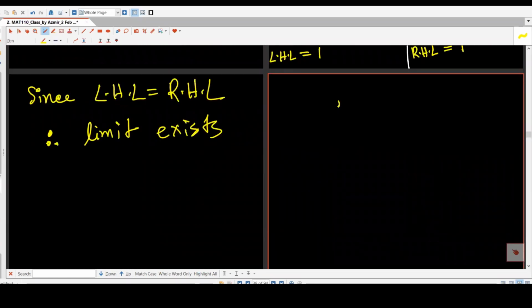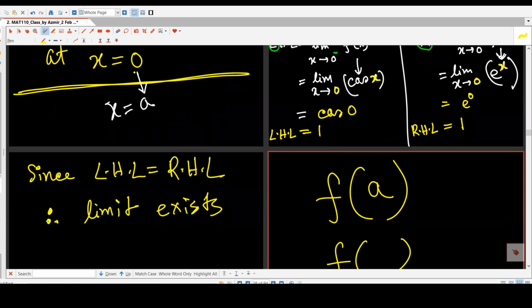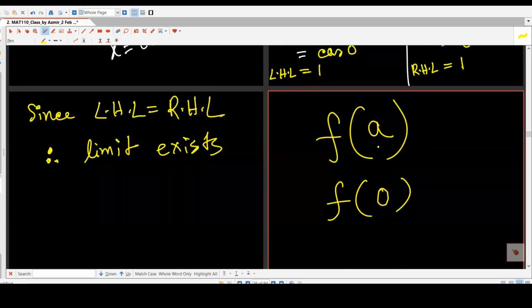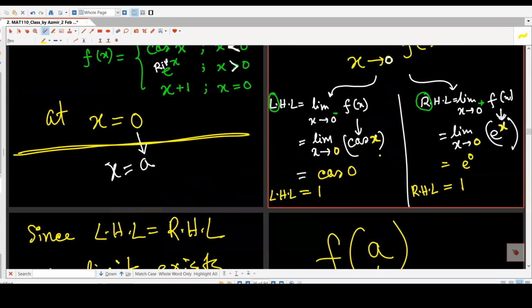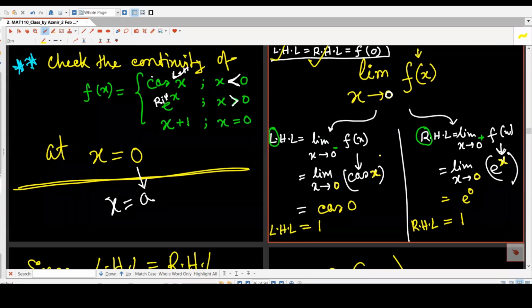Now we have to find out what is f of a. That means a is 0. So a equals 0. Now the equal part will come. We have the x less than part, the x greater than part, and we also have the x equals part.